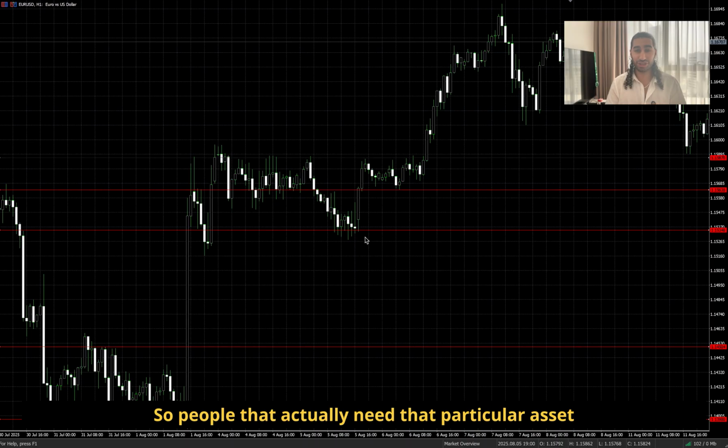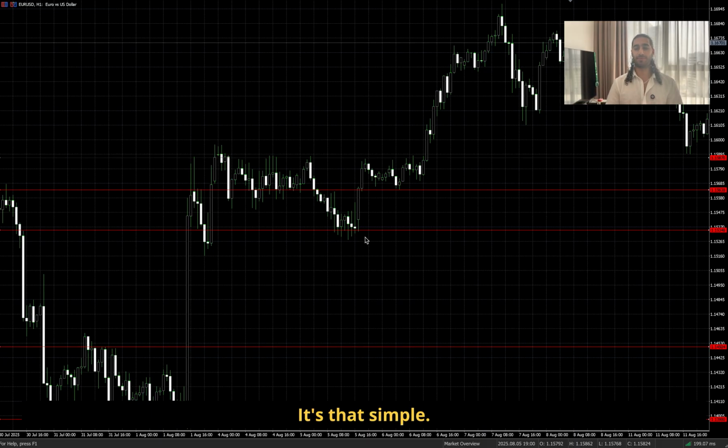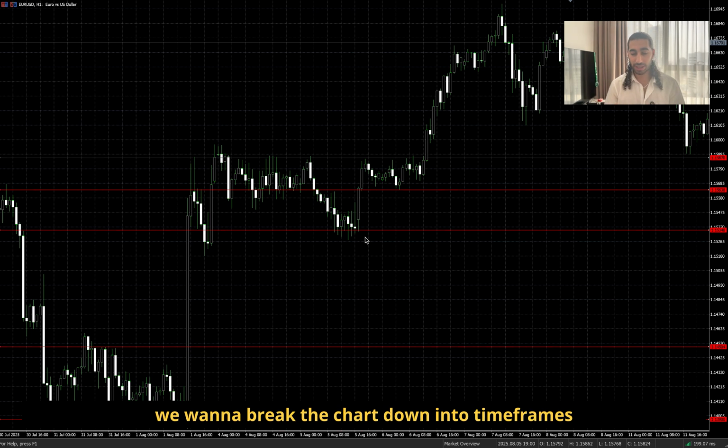So people that actually need that particular asset will hate the fact that it's volatile. However, us as traders, we will love the fact that it's volatile, because this is where we make extra money. Okay? It's that simple.